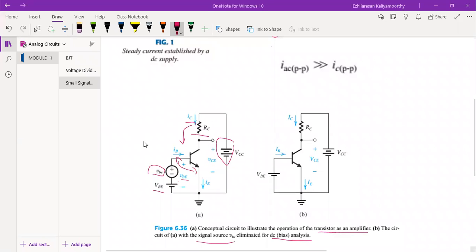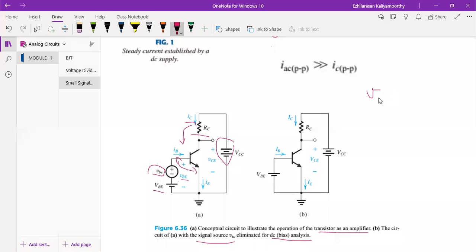Now we can see in this circuit, which illustrates the operation of the transistor as an amplifier, we connected the battery VCC at the output, then VBE, also one battery we connected. We superimposed on it one signal, called the vbe signal. There are three different quantities we are going to discuss throughout.